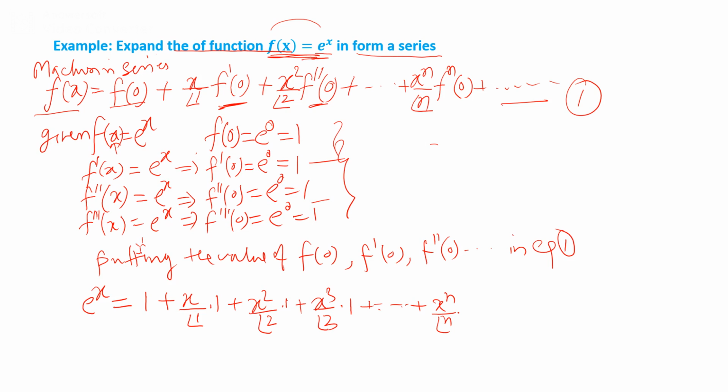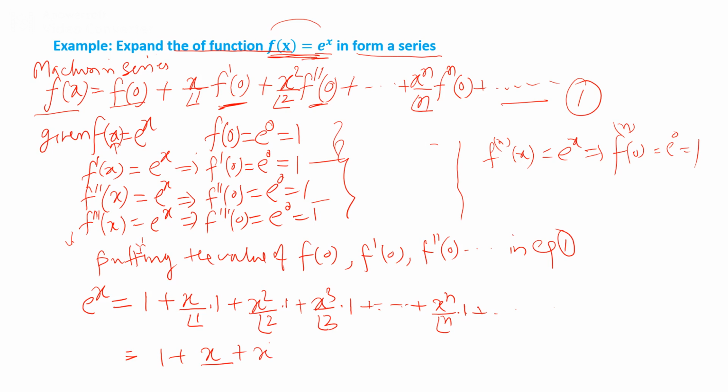And the nth derivative of function e to power x, in the similar way, is e raised to power x, and at 0 we get 1, and so on up to infinity. So you see here the expansion: 1 plus x plus x square by factorial 2 plus x cube by factorial 3, and so on up to infinity.